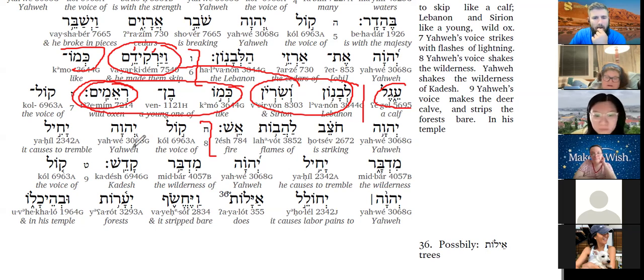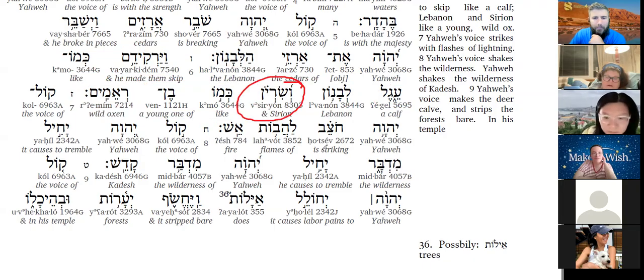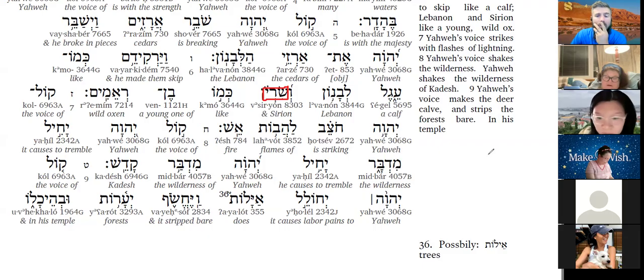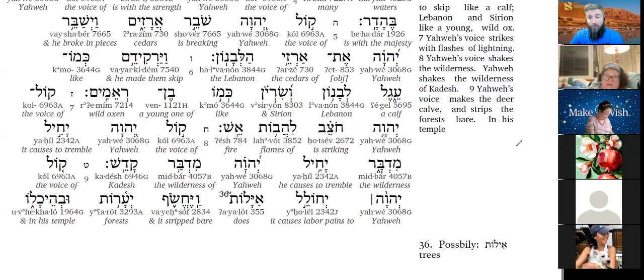What do you think the root of Siryon is? It looks like Sin Resh Yod, and the Nun is part of the pattern. Do we know any words that are from the root Sin Resh Yod? Sarai. Good. Sarah and Sarai.